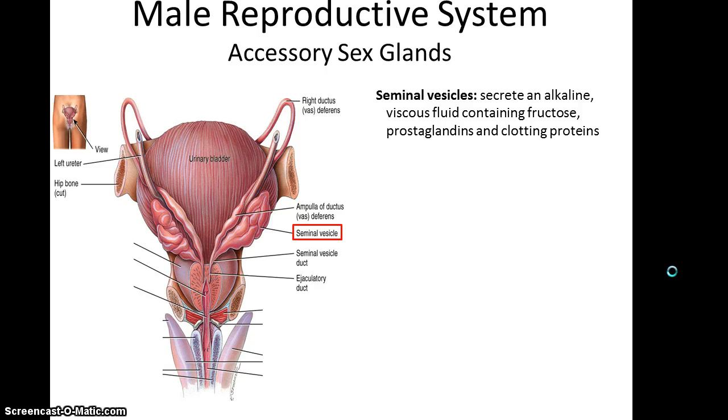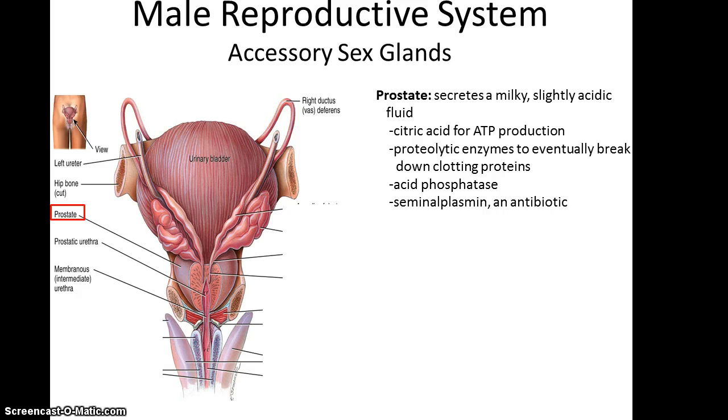The seminal vesicles produce alkaline viscous fluid that's high in fructose, prostaglandins, and clotting proteins. Fructose is important for giving energy to the sperm. The prostate will then add its secretion to the prostatic urethra.